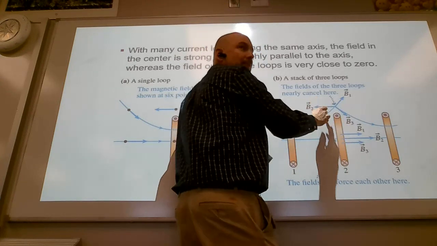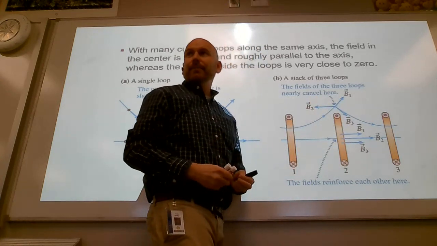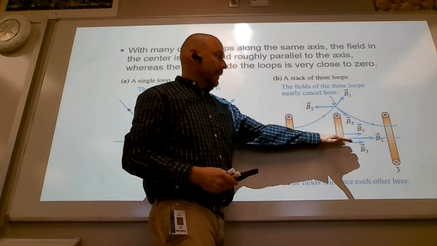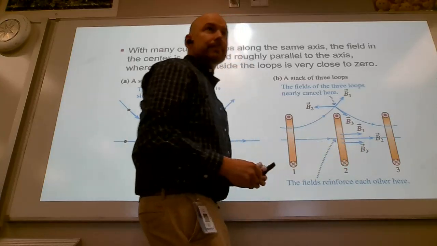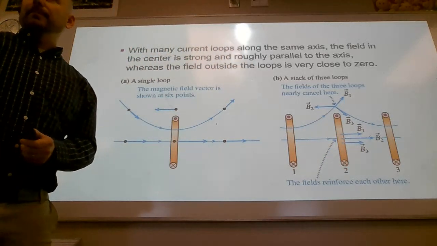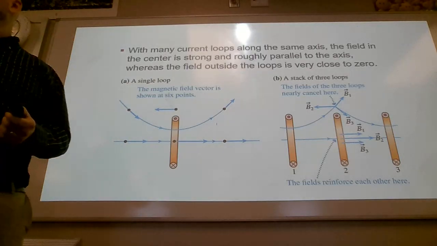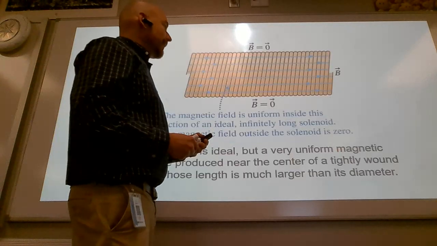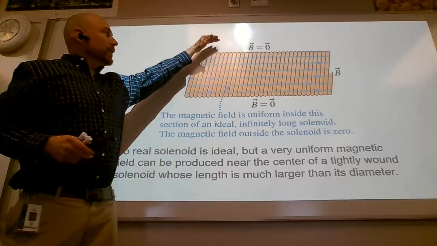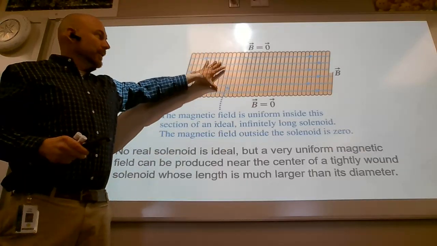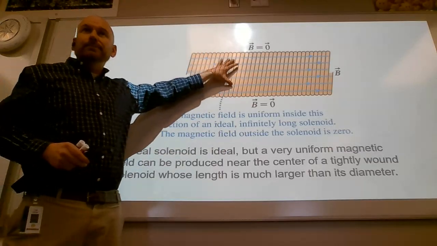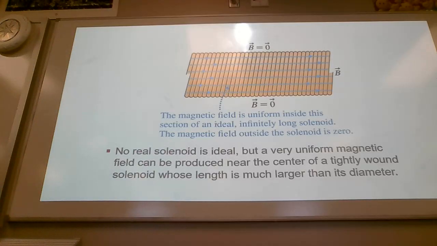These pretty much cancel each other out on the outside, but on the inside, they add up. So ideally, the magnetic field on the outside is 0. On the inside, it's uniform. That's an ideal solenoid.